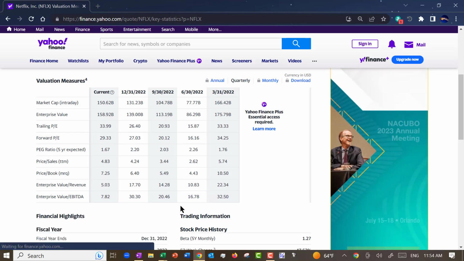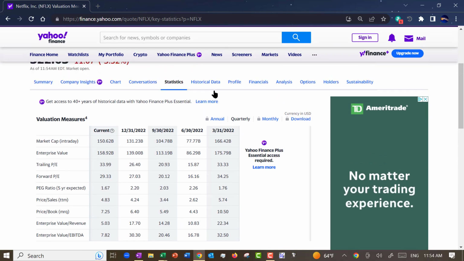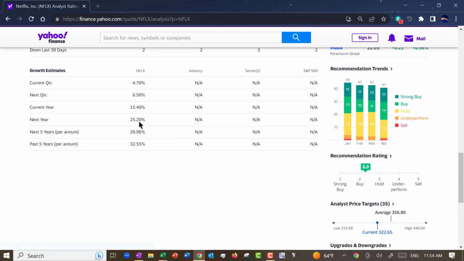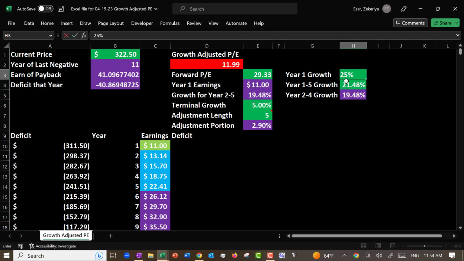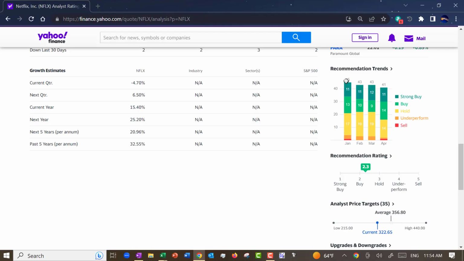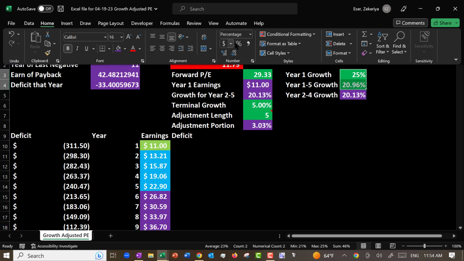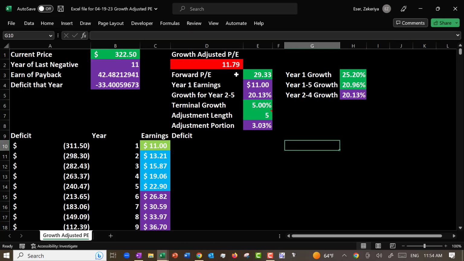From the analysis, first year growth is 25.20. 1 through 5, 20.96. So the number for Netflix is 11.79. Disney was 10.57, hence Disney's cheaper.